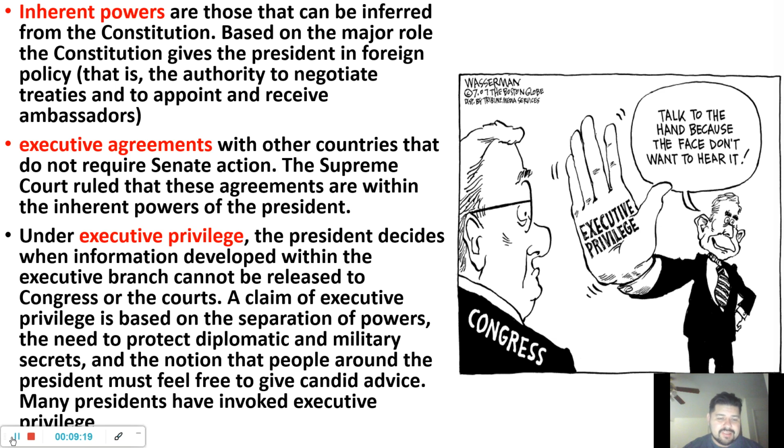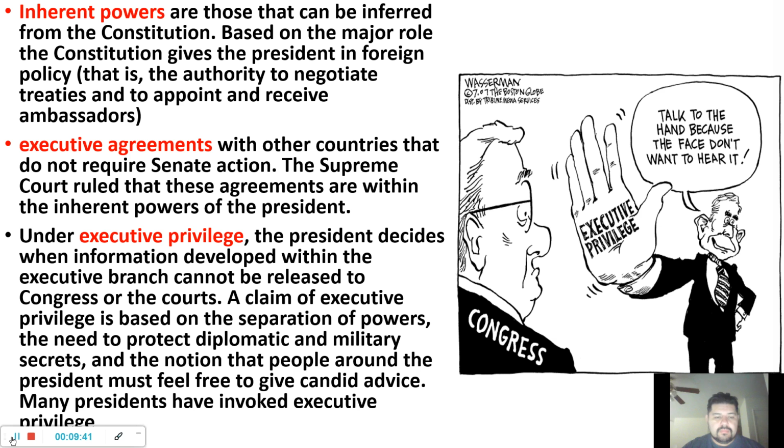So what that means is that if he feels that anything could hurt diplomatic ties, or might be revealing military secrets, or could be detrimental to the security of the nation, then the president could hold back on it. They wouldn't have to say anything.